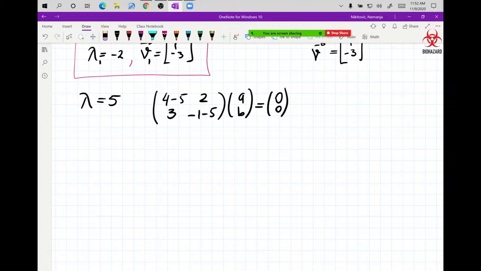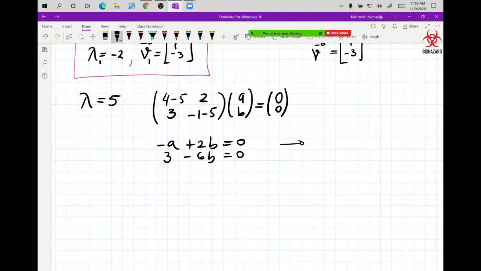What I have here is 4 minus 5 is negative 1, so negative a plus 2b is 0, and the bottom equation is 3a minus 6b equals 0. Well, divide the bottom equation by 3 and you get the same numbers as above. So we don't have to mess with that one.